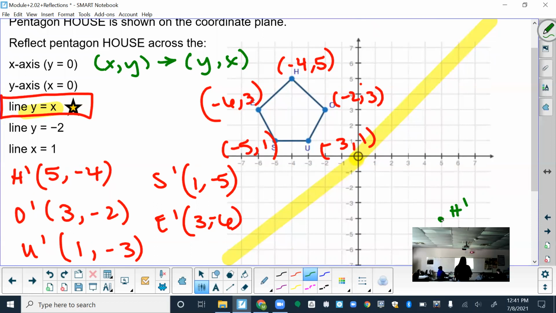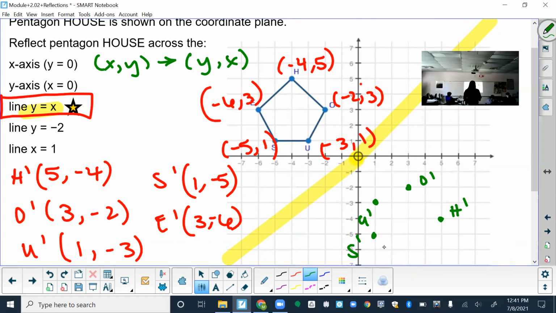So 5, negative 4 is down here. 3, negative 2. 1, negative 3. S prime would be down here. And E prime down here.